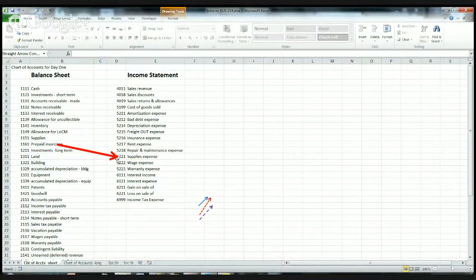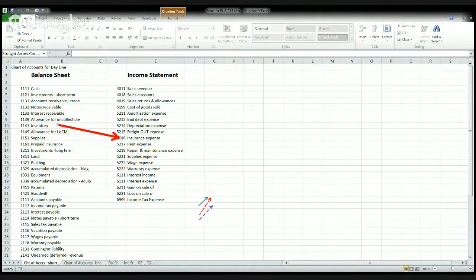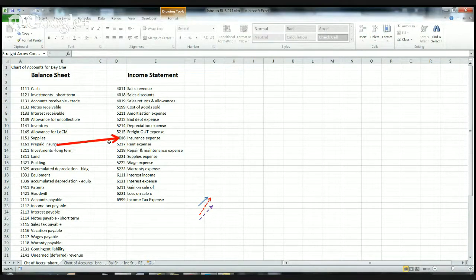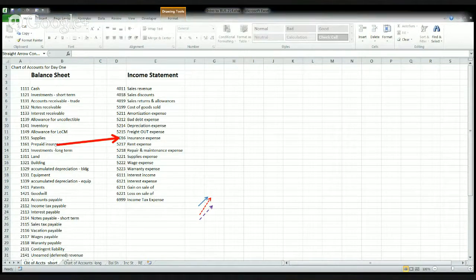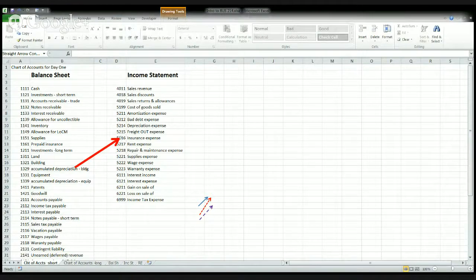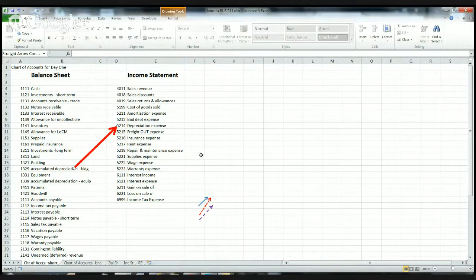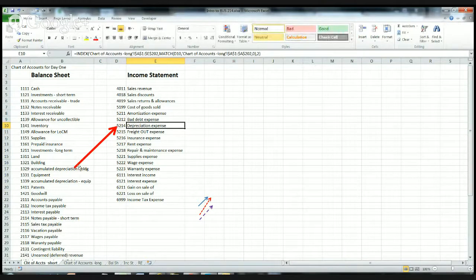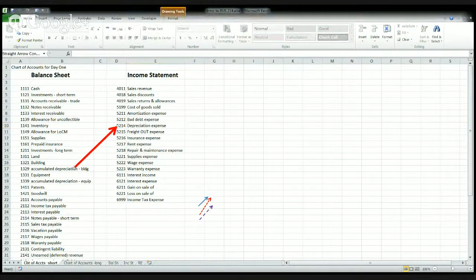When we use that up, we call it insurance expense. Okay. Later on, we're going to learn on the balance sheet, we've got depreciation. On the income statement, we call it depreciation expense. One is the yearly expense. The other is accumulated over time.